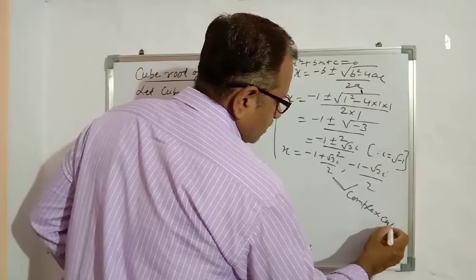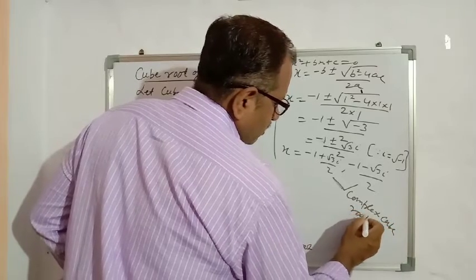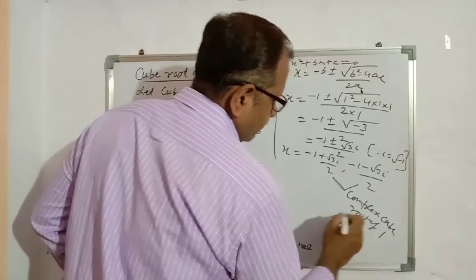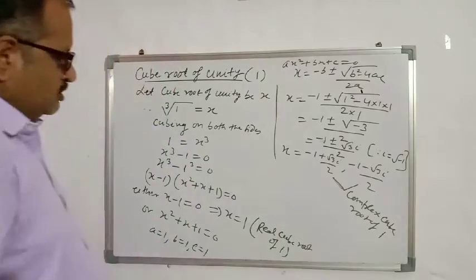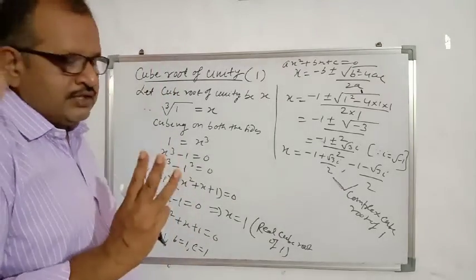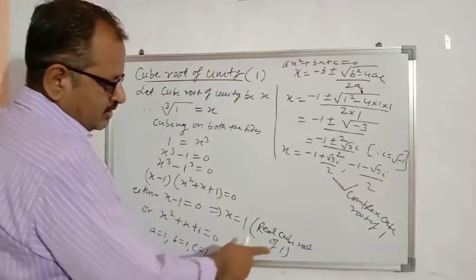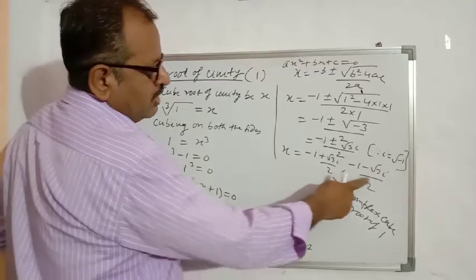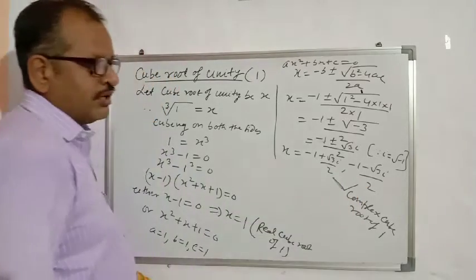Complex cube roots of 1, unity. So how many cube roots of unity are there? 3 cube roots. One is the real cube root and the other two are complex cube roots of 1.